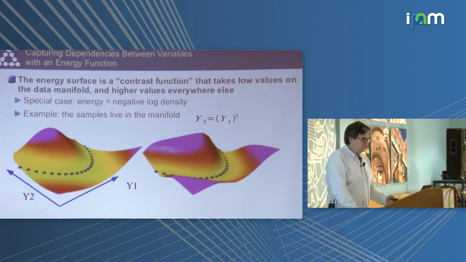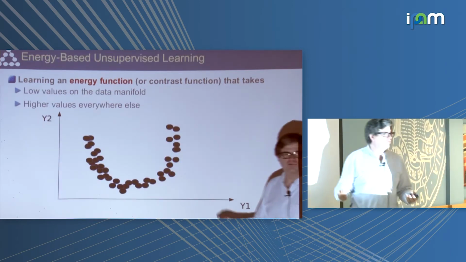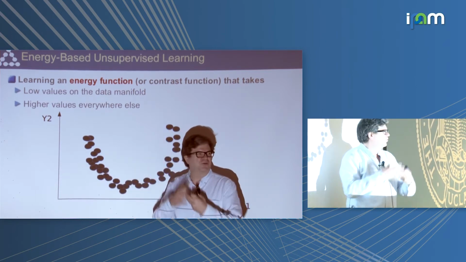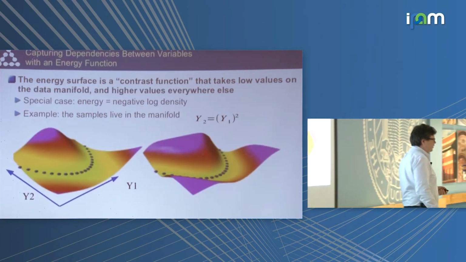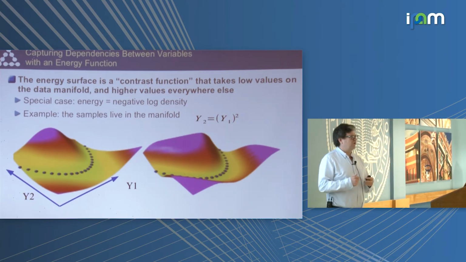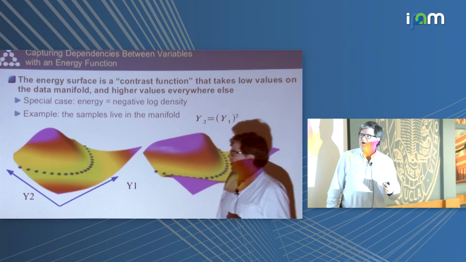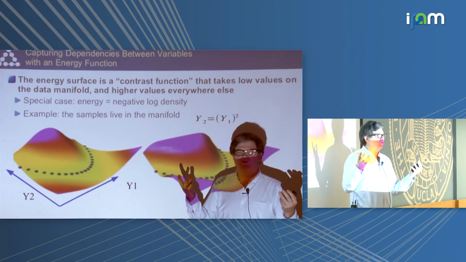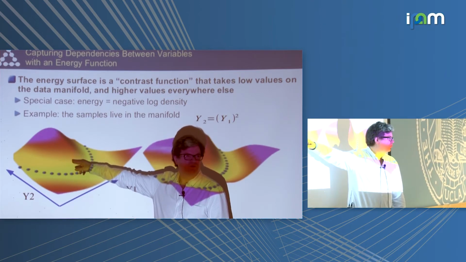So how do you handle this learning-wise? There's one way that doesn't work, which is to train a neural net to see y2, for example, and then predict y1, because a neural net predicts only one value. One possible way to parameterize this kind of learning is what I call energy-based learning, a slightly more generalized form of probabilistic learning, where you train a machine that is a contrast function, let's call it an energy function, that gives you low values for stuff it observes and higher values for stuff it doesn't observe.